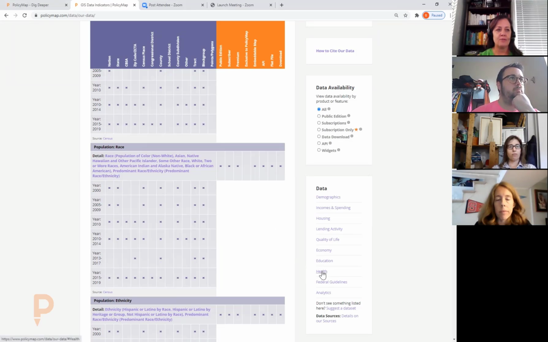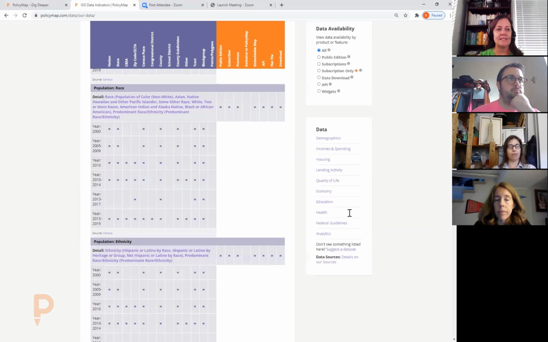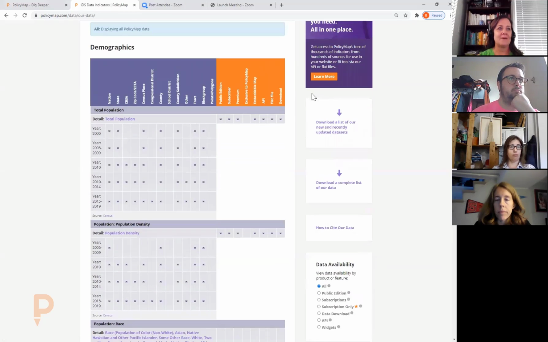And then you'll find data related to education, health, and then other data that would include federal guidelines or specific analytics, like information about whether or not a specific neighborhood might be an opportunity zone or eligible for federal funding through the Community Reinvestment Act or new market tax credits. So questions about what's here, you can see exactly what's there.